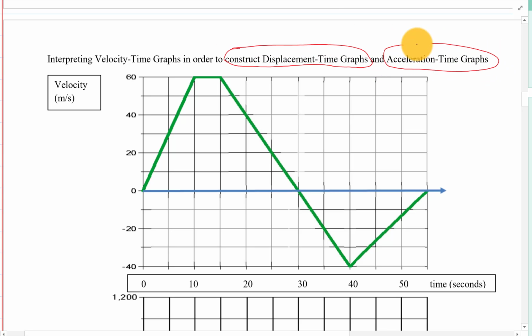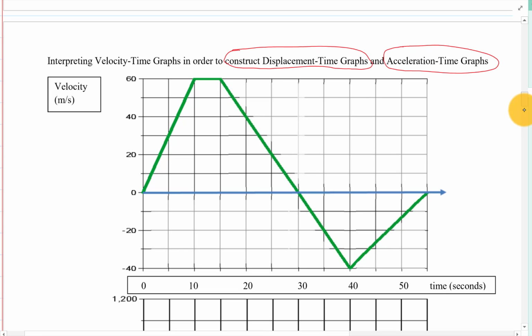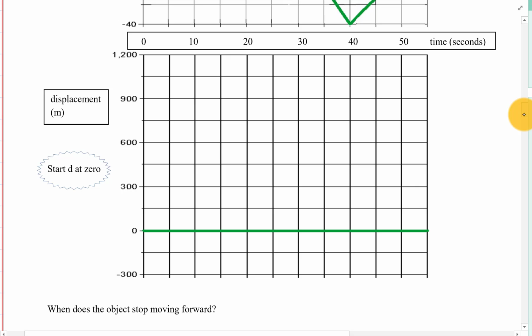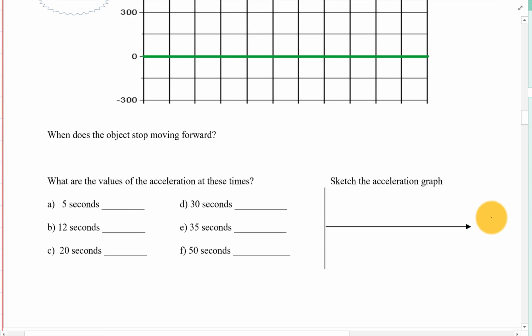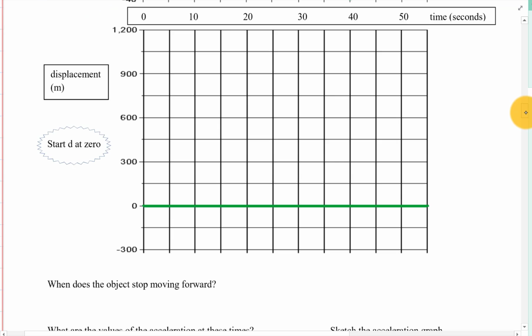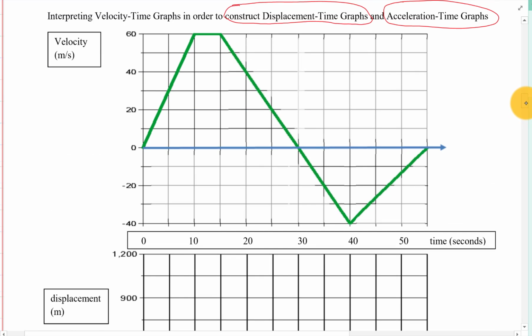So being given the velocity time graph, I want to know what this displacement time graph is going to look like. And I'm just sketching the acceleration time graph, but we'll know it exactly. Okay? Because the acceleration is very simple. Okay, so I'm going to give you time now. I'm going to stop this recording, send it up to the internet, and I love it. Start working on this if you can, and I'll plug in a few minutes and help you out.